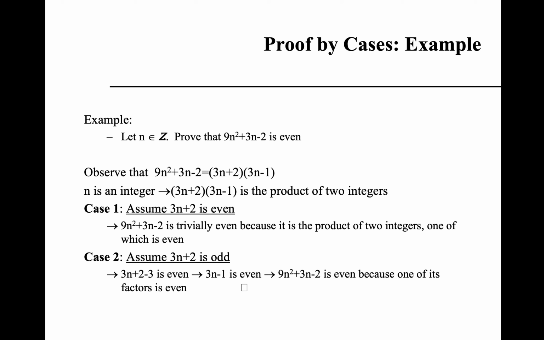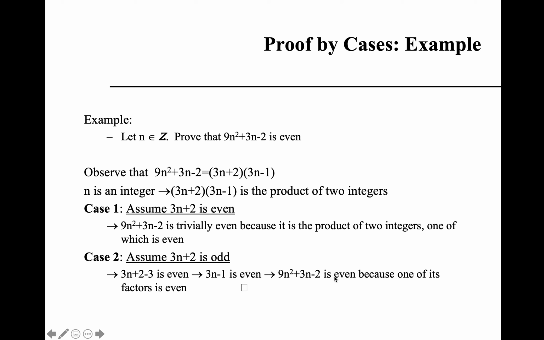For the first case, where 3n plus 2 is even, it's trivial, because it's the product of two integers, one of which is even, so the product is even. If 3n plus 2 is odd, then 3n plus 2 minus 3 is even, which implies that 3n minus 1 is even, because it's the second factor in the second parenthesis. That implies that 9n square plus 3n minus 2 is even.